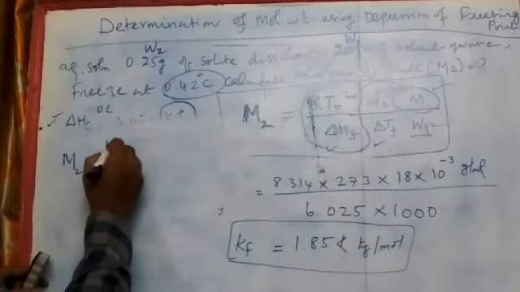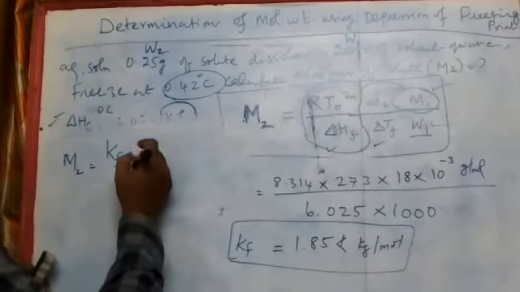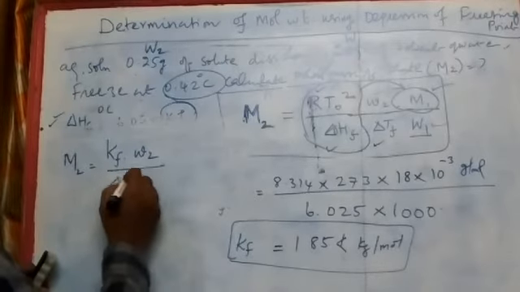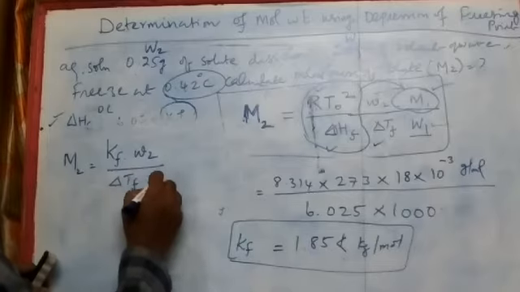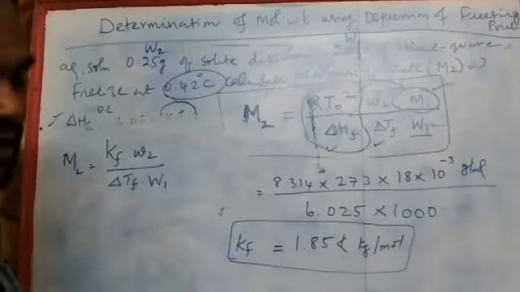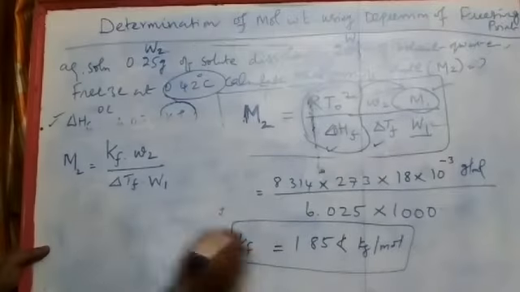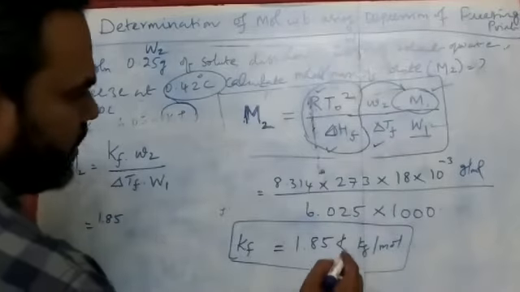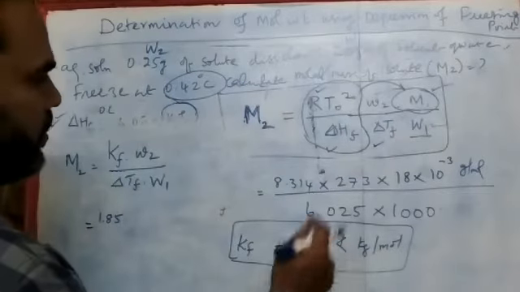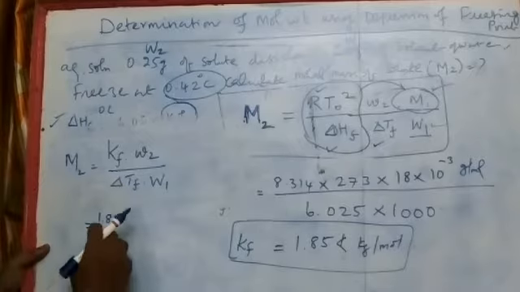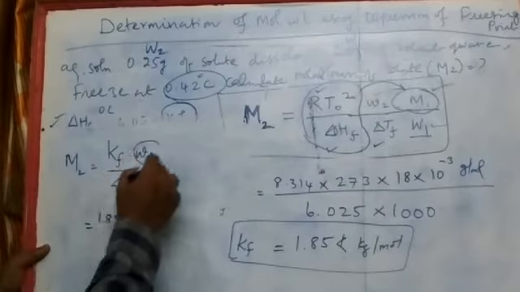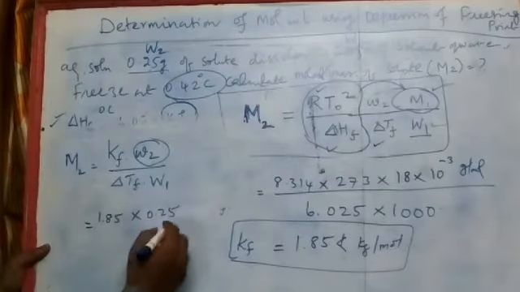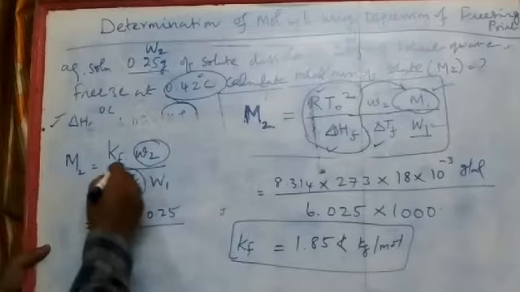M2 is equal to Kf into W2, divided by delta Tf into W1. Kf is already known, 1.85, multiplied by W2, the weight of the solute you have taken, 0.25 grams, whole divided by delta Tf.